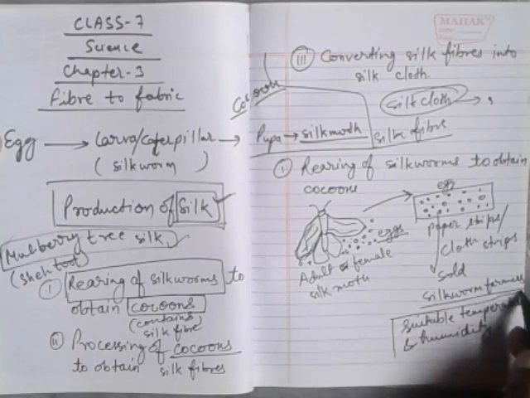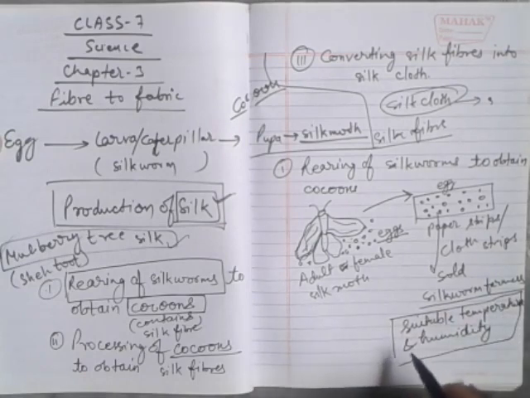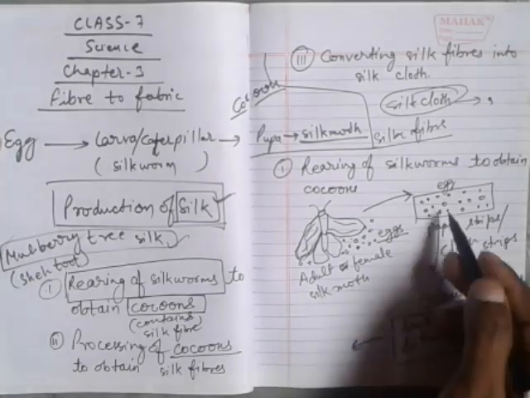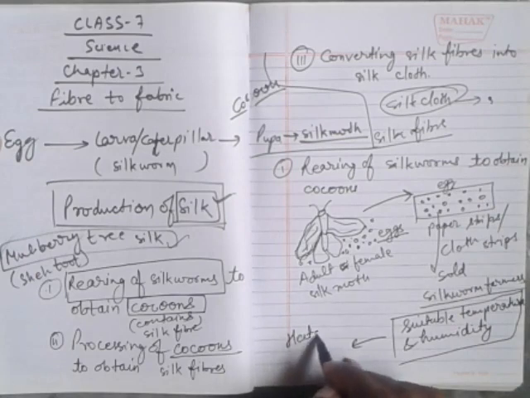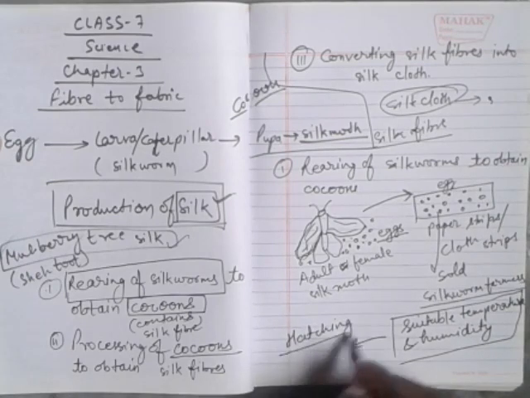Why does the farmer provide suitable temperature and humidity? Because these eggs go to the next stage, hatching.